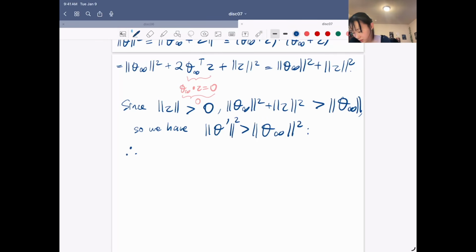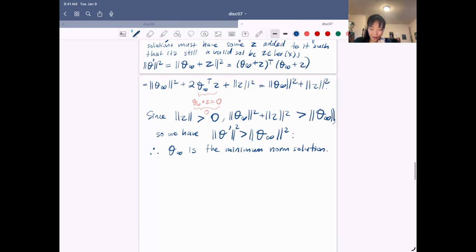Therefore, theta infinity is a minimum norm solution. Okay, and that solves part B.